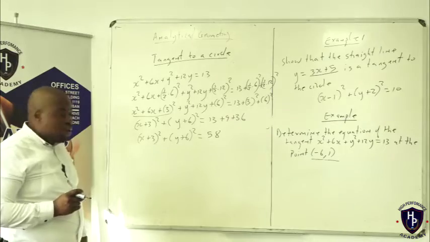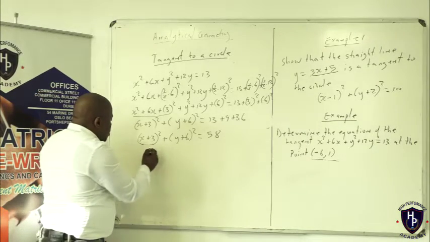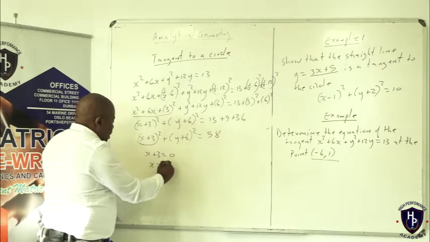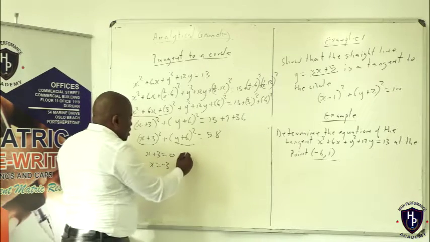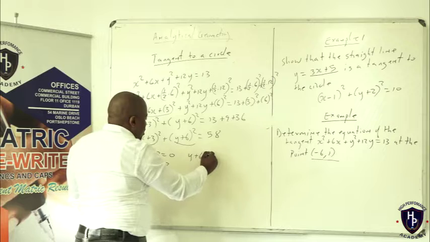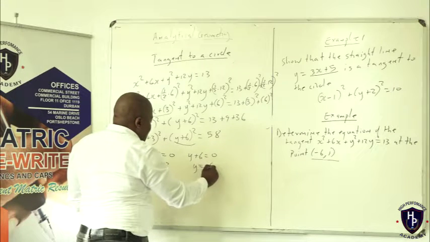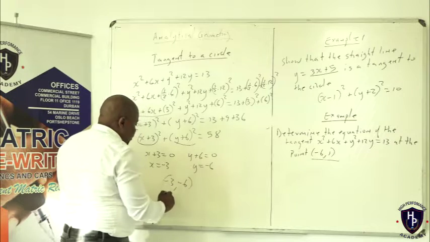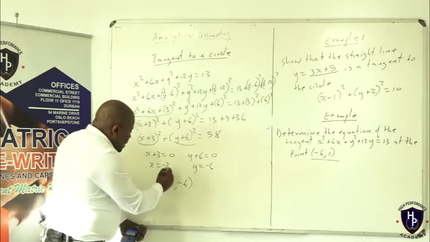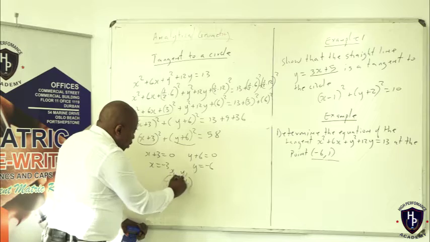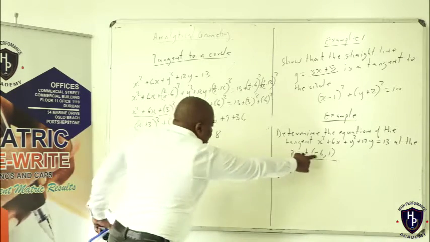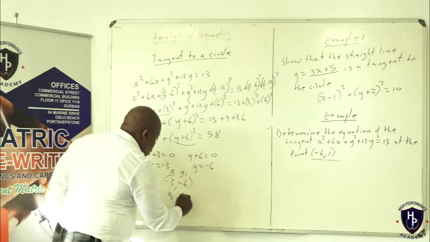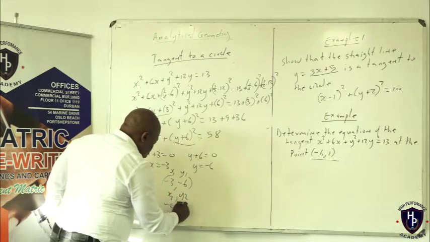Now let's determine the coordinates of the center. You equate this to 0: x plus 3 equal to 0, x equals minus 3. You also equate this to 0: y plus 6 equal to 0, y equals minus 6. The center is (minus 3, minus 6). You can say this is (x1, y1), and this one is (x2, y2), which is (minus 6, 1).